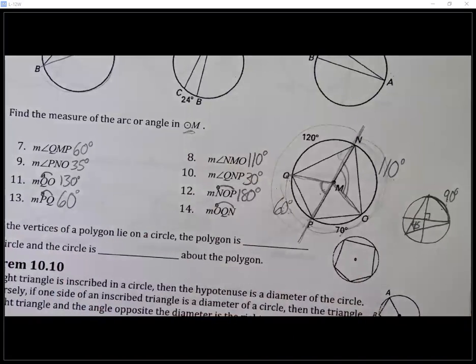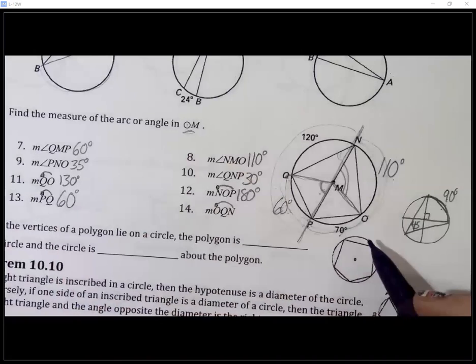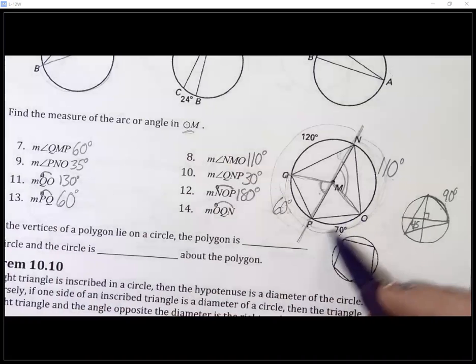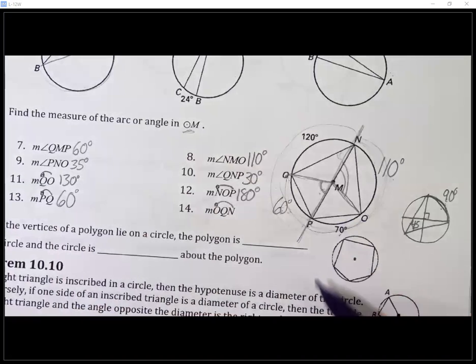And 14, OQN. Isabella, what'd you get for OQN? I have 250, but did I add wrong? What's 180 and 70? I think it's 250, right? Yeah, 250.